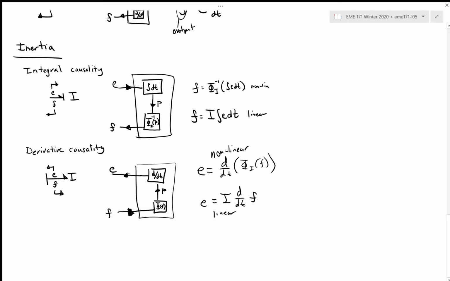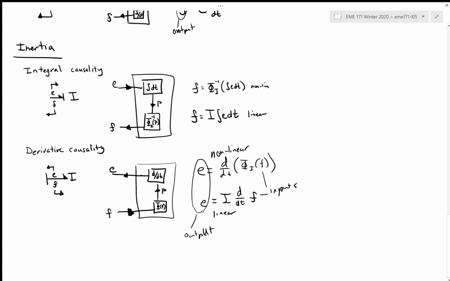So here we have the flow input to the effort output relationship, and then I wrote the equations here to the right that would represent those with the E as the output and the F's as the inputs.